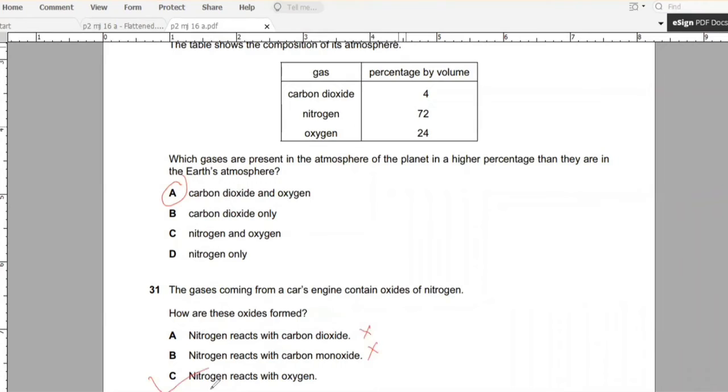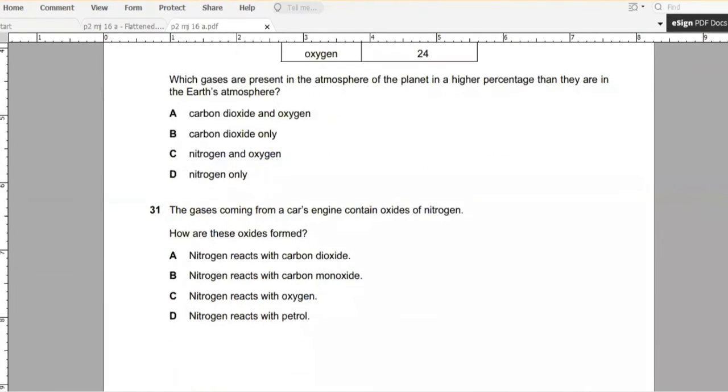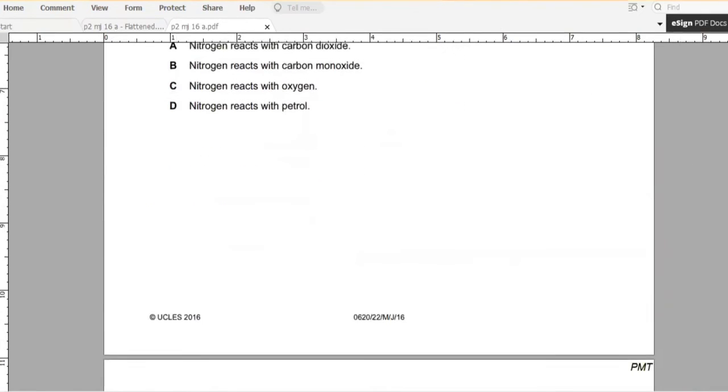This is the right option, option C: nitrogen reacts with oxygen to form nitrogen dioxide. So that is why option C is the right choice. Option D is not correct. Nitrogen reacts with petrol? No, this is also wrong. So option C is the right answer. Nitrogen will react with oxygen.